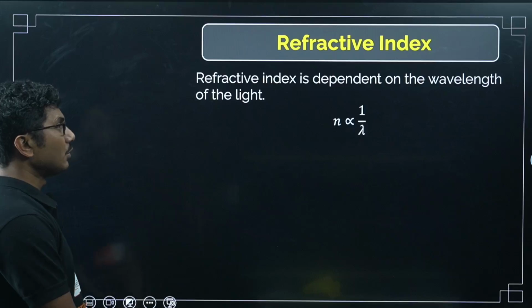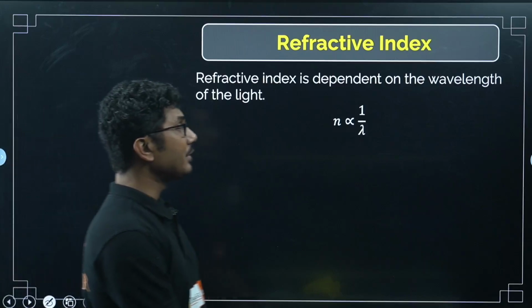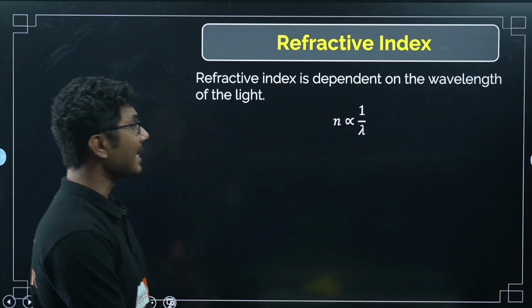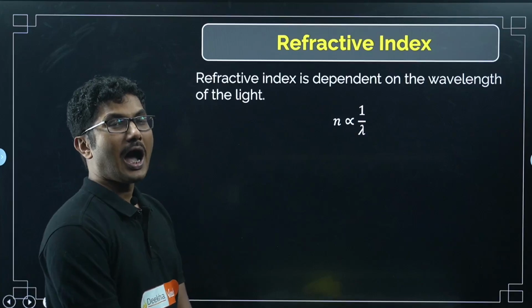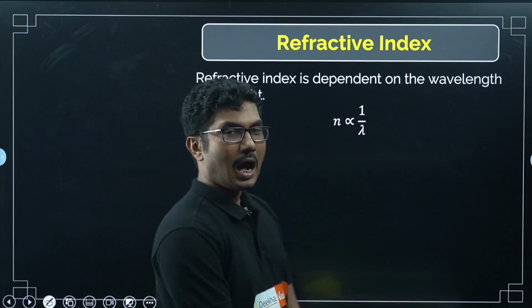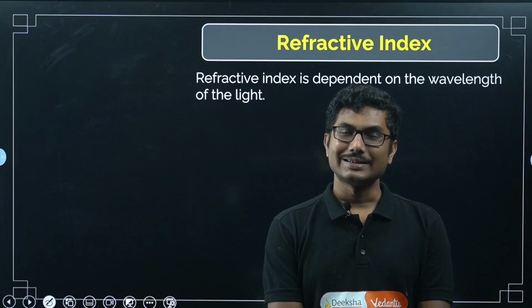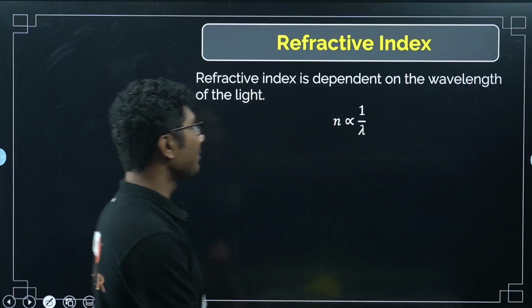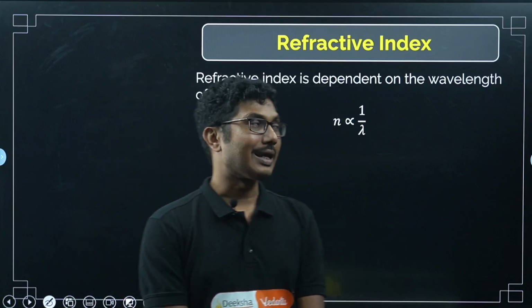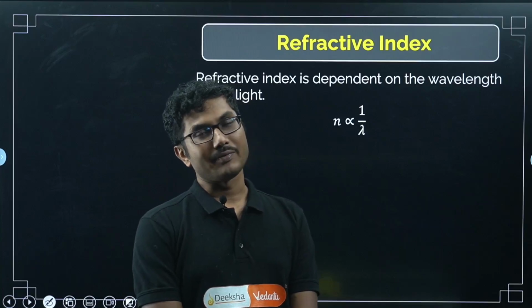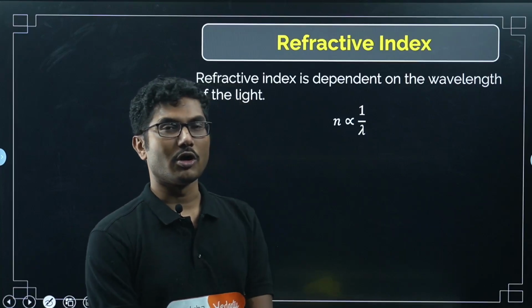Visible light. The relationship between refractive index and wavelength of light is inverse. So the higher the wavelength, the less is the refractive index. For example, red light, which has the highest wavelength in visible light, will have a very low refractive index compared to that of blue or violet light.